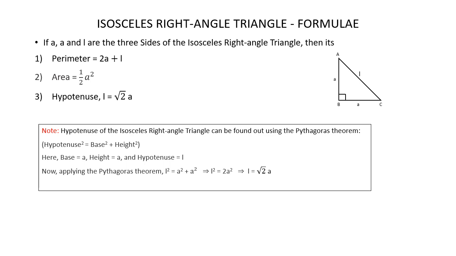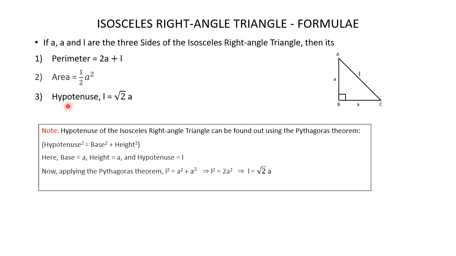Here the base is equal to A and height is also equal to A. So area of this isosceles right angle triangle would be equal to half multiplied by base, which is A, multiplied by height, which is also A. So we have area is equal to half multiplied by A squared.